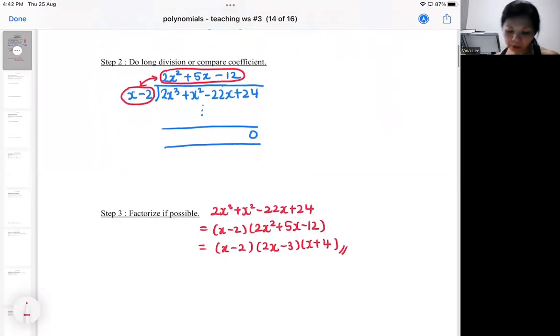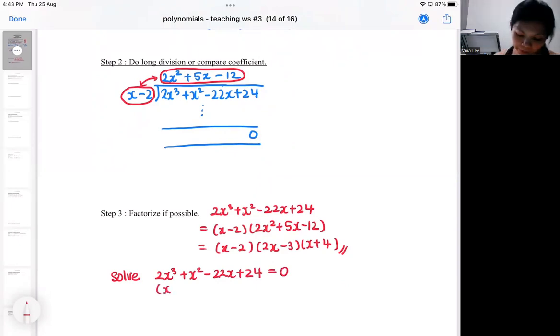In the case where you are asked to solve, all the steps are the same, except that after the factorization, you got 3 brackets.